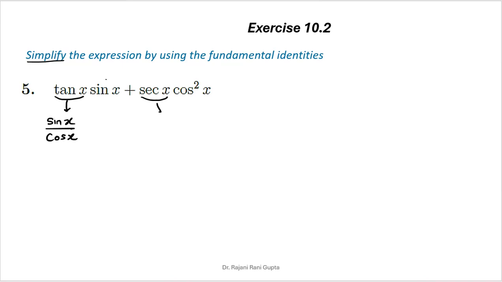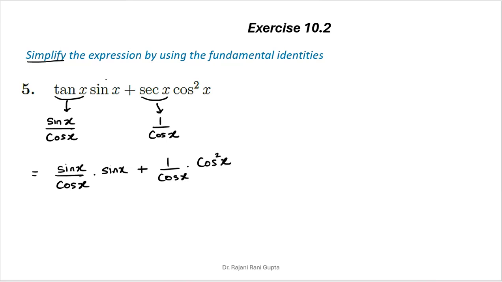You know the reciprocal for secant. It is 1 over cos of x. Let's substitute this here and see what we get. We get sin x over cos x times sin x plus secant x, which is 1 over cos x, times cos square x.